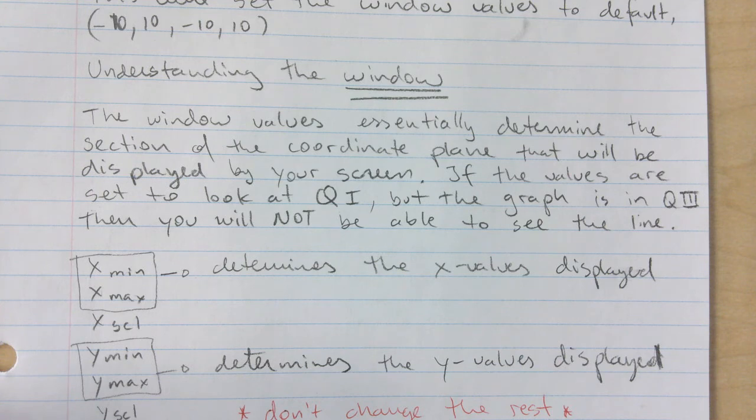So there's the x min on the left side, there's the x max on the right side, there's y max on top, y min here. So if your window settings are set to look over here, your line is still being graphed, but you're not seeing it. Okay, so you need to change your window.